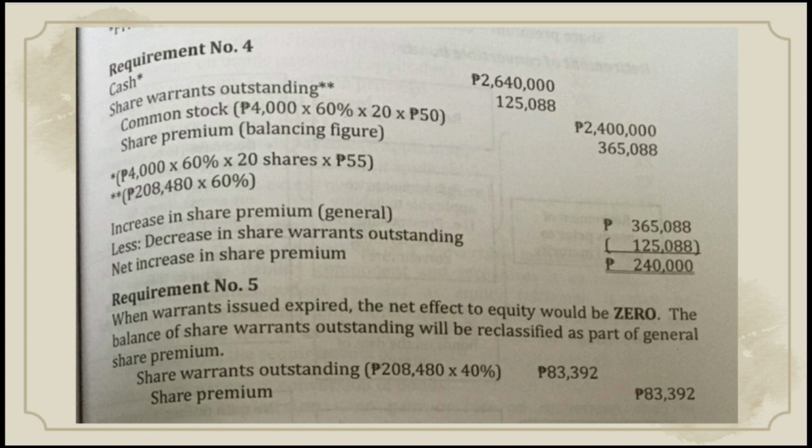So, 4,000 times 60% times 20 shares times 55 pesos is equal to 2,640,000 pesos, ang cash nga madawat if 60% of warrants were exercised.